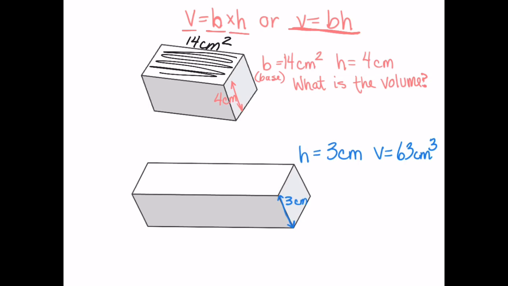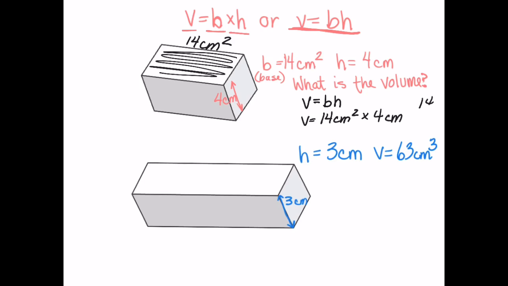So what would the volume be? My formula is volume equals base times height, which is 14 centimeters squared, times 4 centimeters.